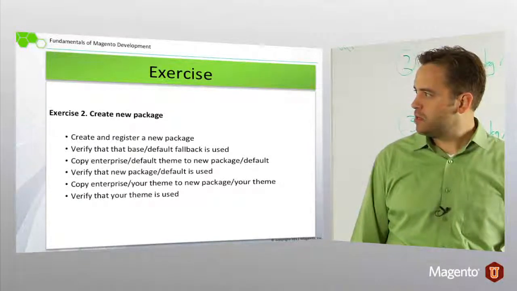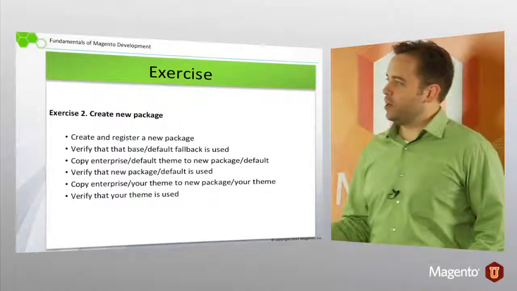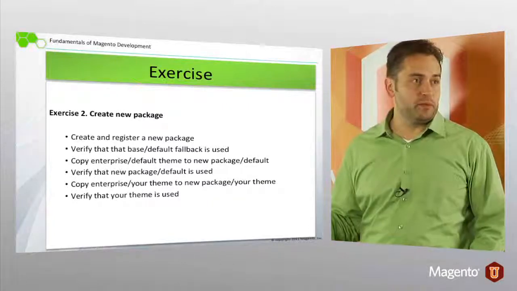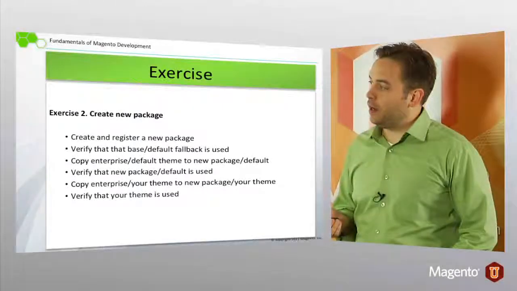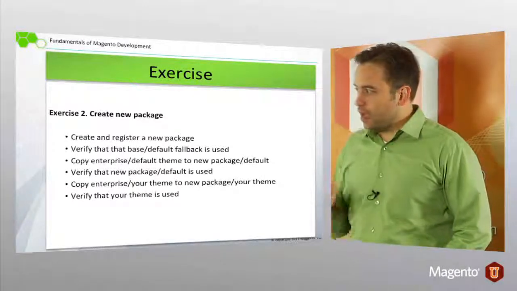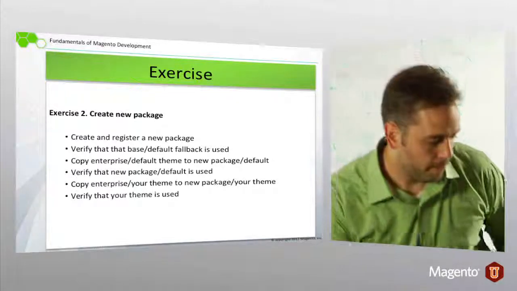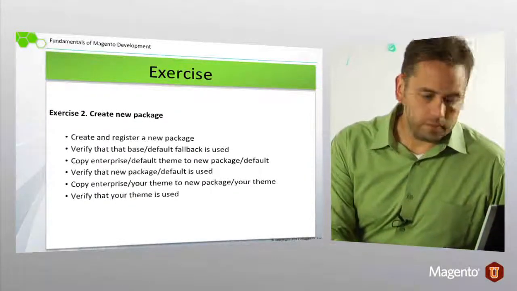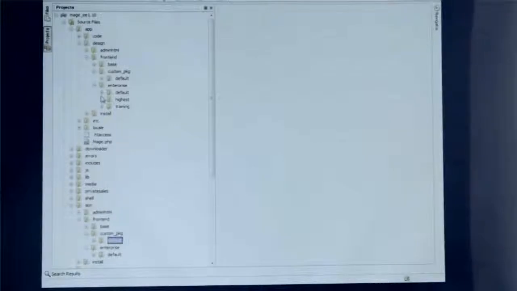I mean, what do we know would happen here? So, if we copy enterprise default theme to the package default, that would be our default theme. That would definitely be used because the system will look in package default. And then if we make some other theme in here, or not here, in here.